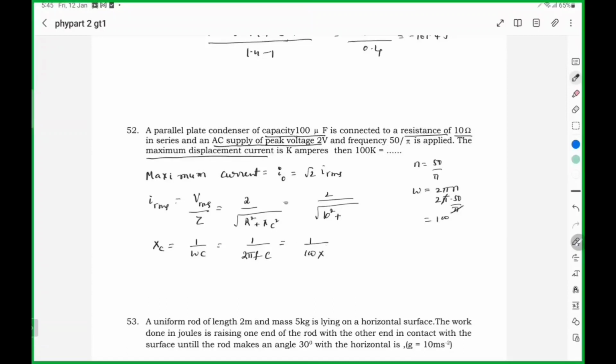So omega is 100. And capacitance, it is 1000 microfarad, let us take. We get here 1 by 10 power minus 1, which is 10. So then you'll have 2 by 10 root 2, which is root 2 by 10.